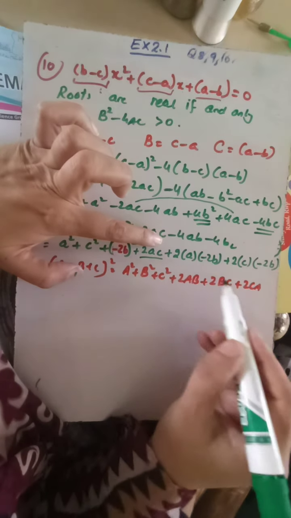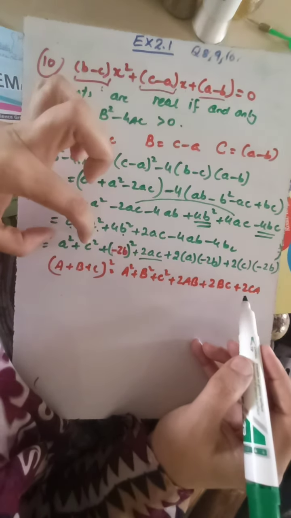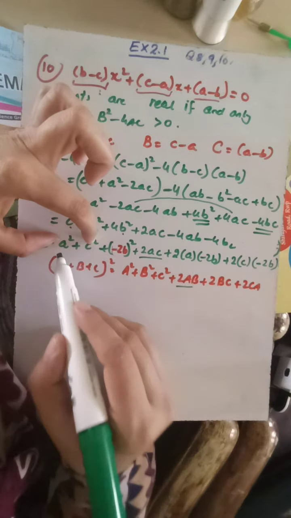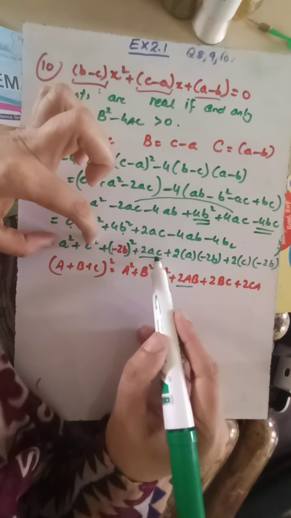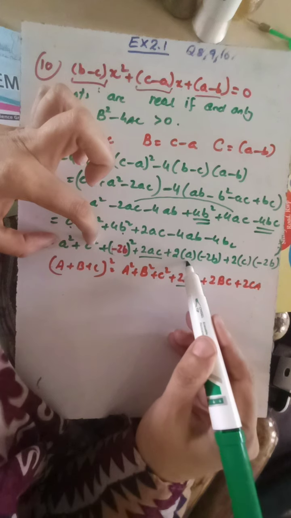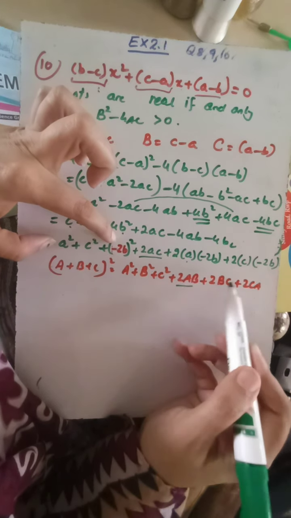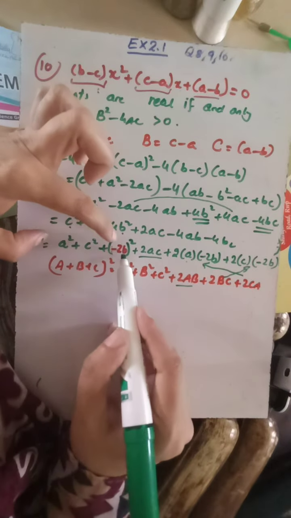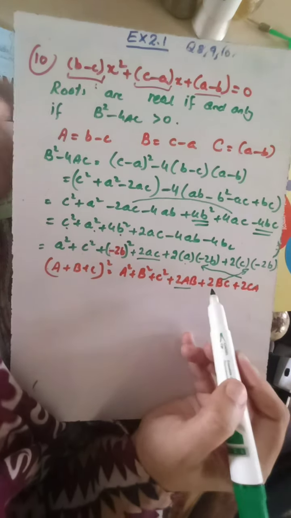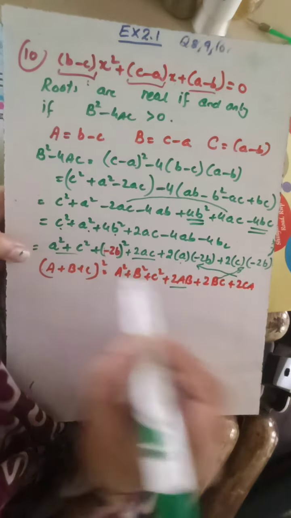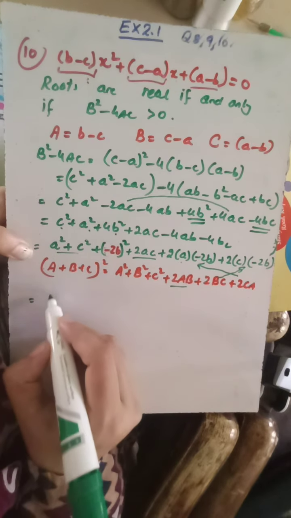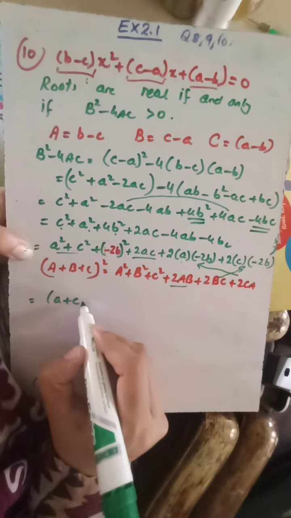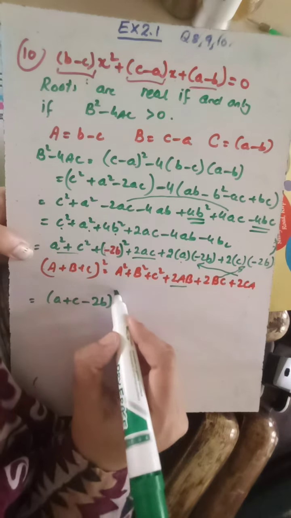This term is this one, 2ab, okay, 2a into b plus 2a into c is this term, and 2b into c is this term. So it means that this is actually the formula of (a plus c minus 2b) whole square.